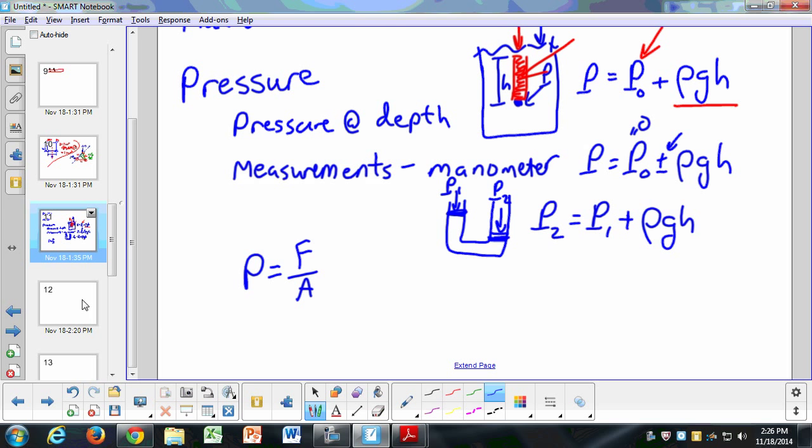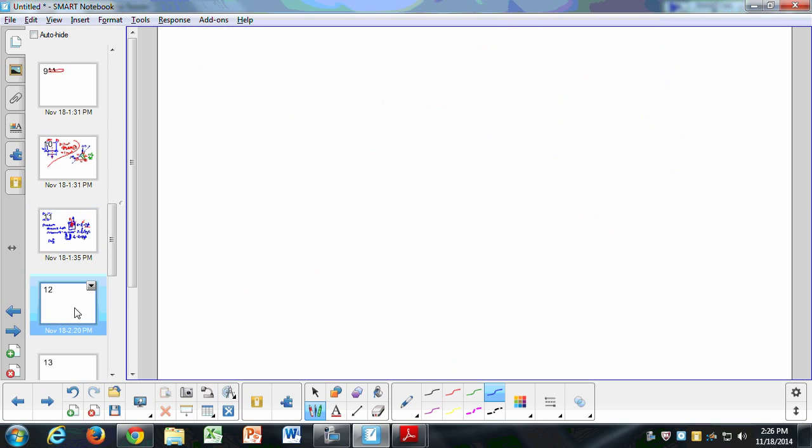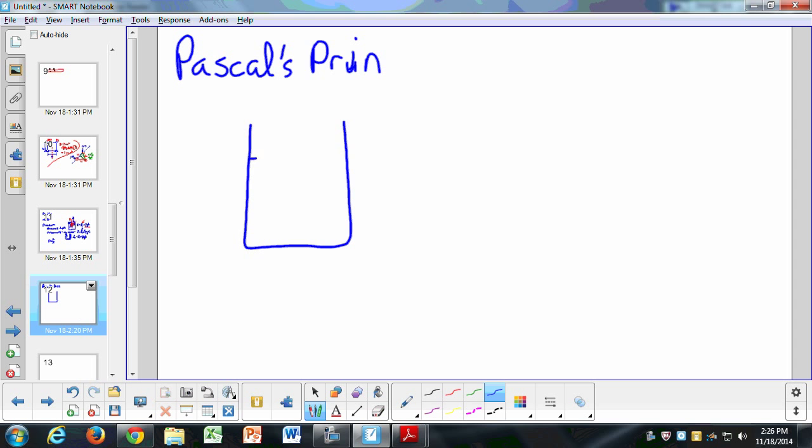Okay, so pressure, then we had several categories. Pascal's principle is also dealing with pressure. Pascal's principle says that if I apply a change in pressure onto a fluid, then that change in pressure is felt at every point throughout the fluid.